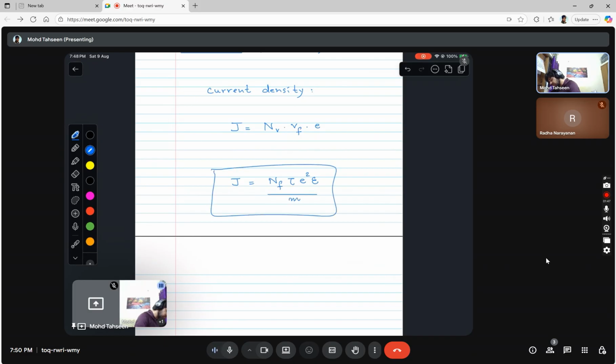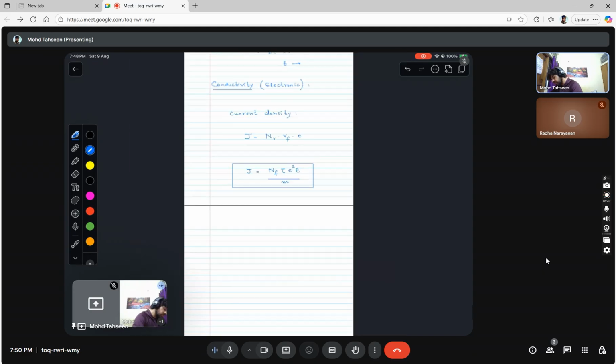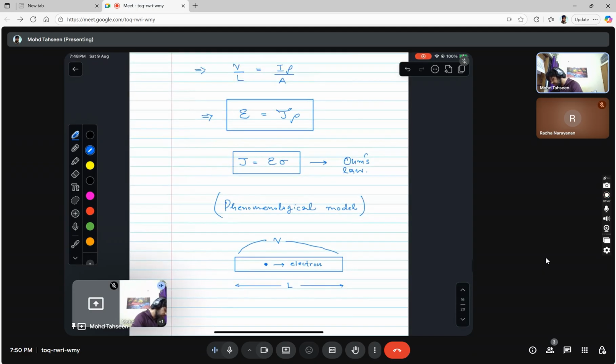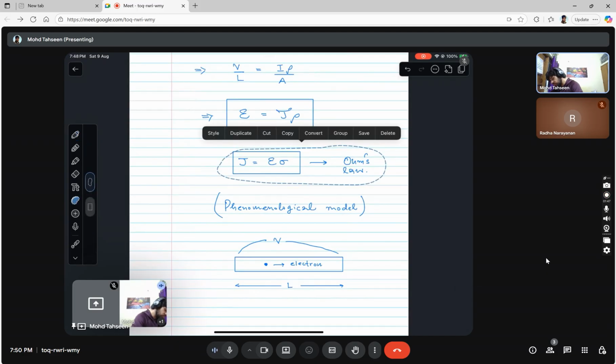So this is the current density. And now we can recall, we wrote Ohm's law. So this was Ohm's law.